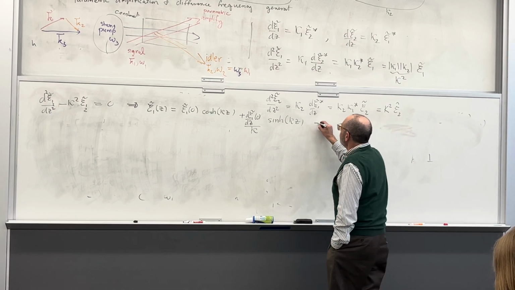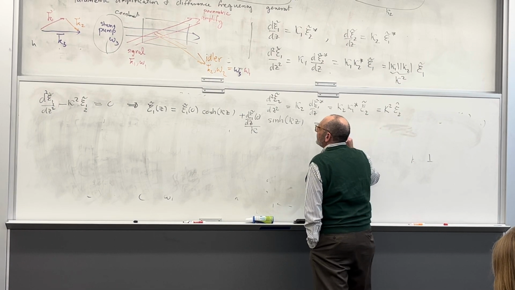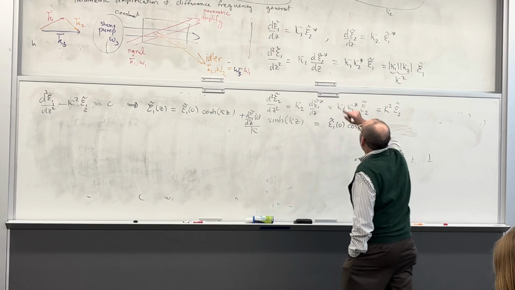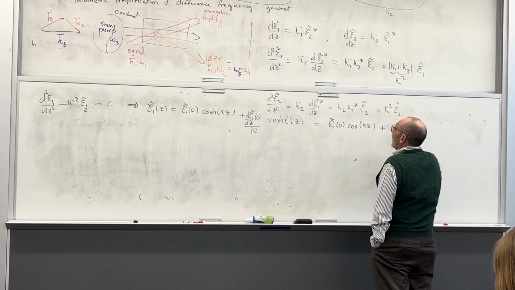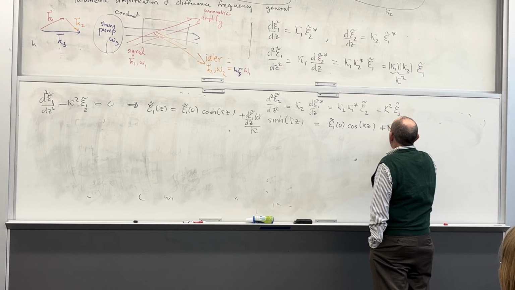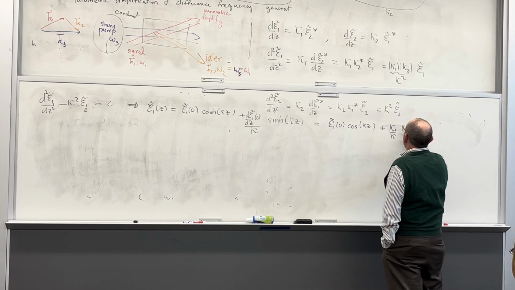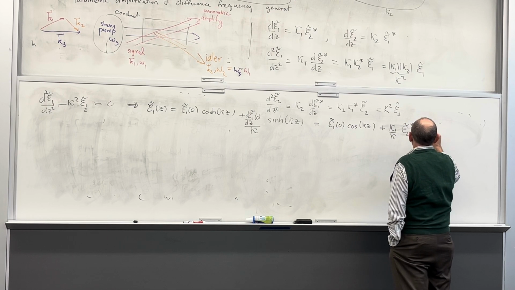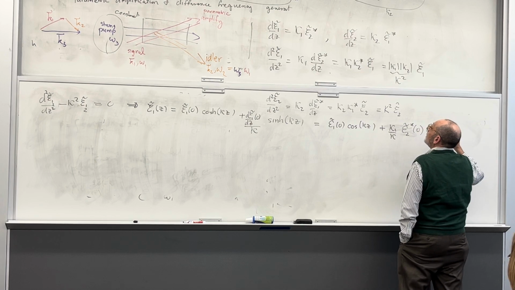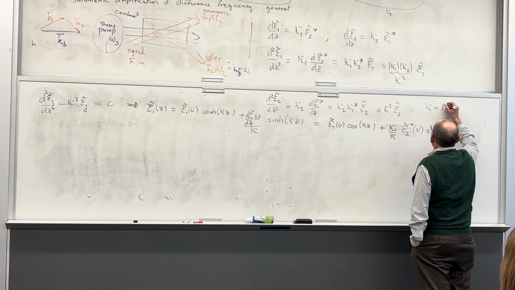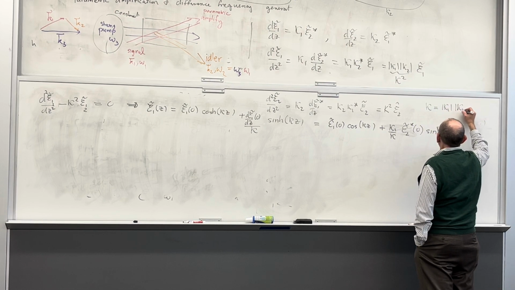And so that's equal to E1 at 0 cosh kappa Z, and then the derivative of that is equal to kappa 1 over kappa times E2 star at 0 sinh of kappa Z, where kappa is equal to the square root of the magnitude of kappa 1 times the magnitude of kappa 2.